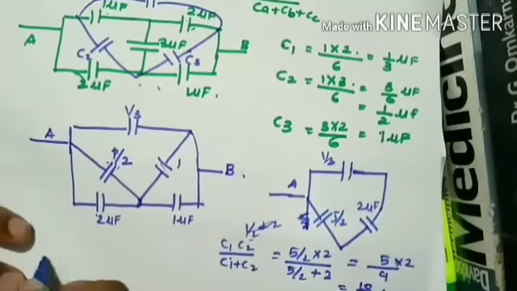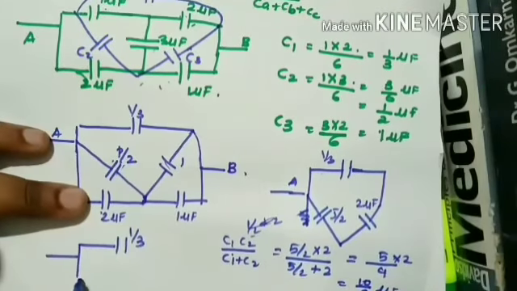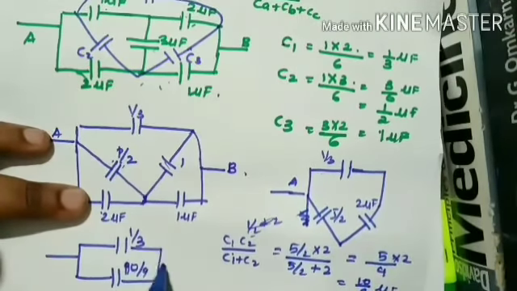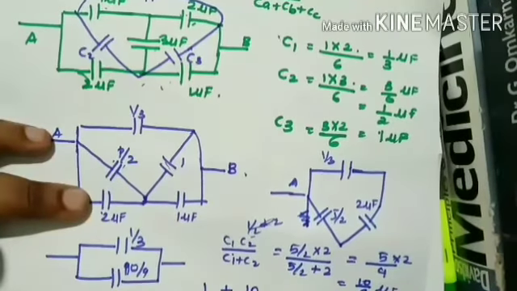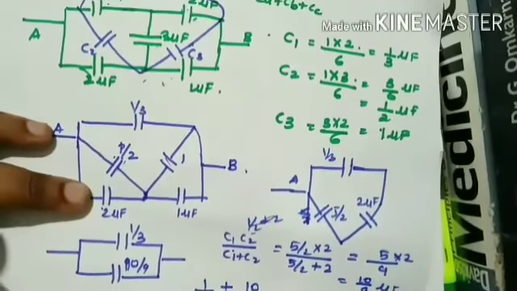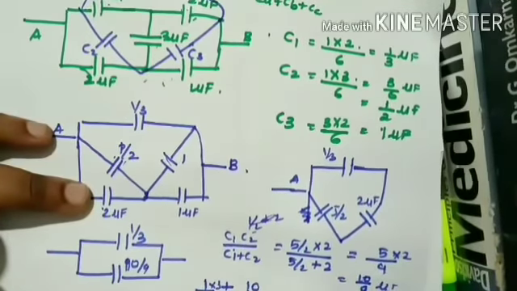Redraw the figure again. It will be 1 by 3 here and 10 by 9 here, and they are in parallel, so you add them. 1 by 3 plus 10 by 9 is 3 plus 10, that is 13 by 9 microfarad. That is your answer.